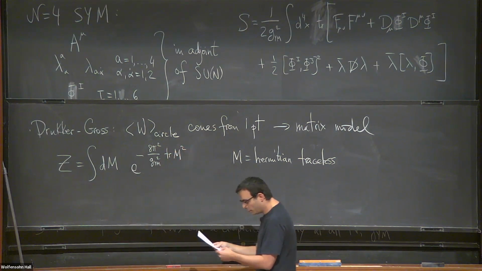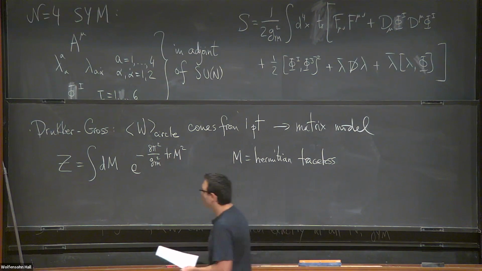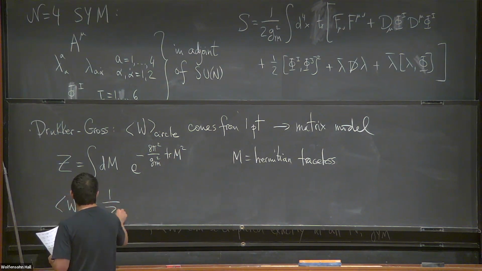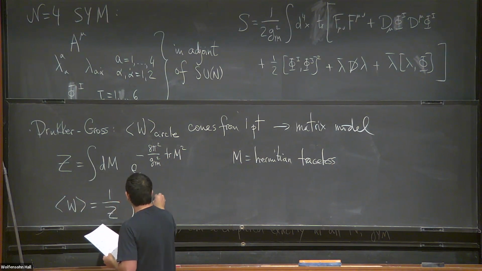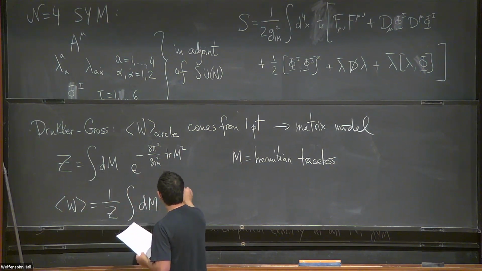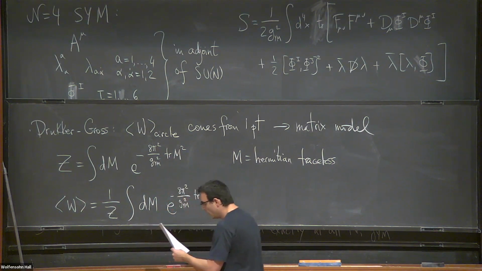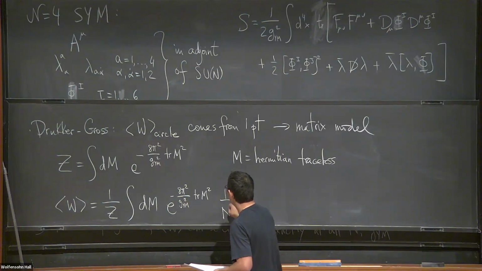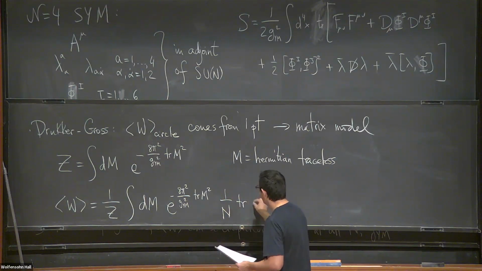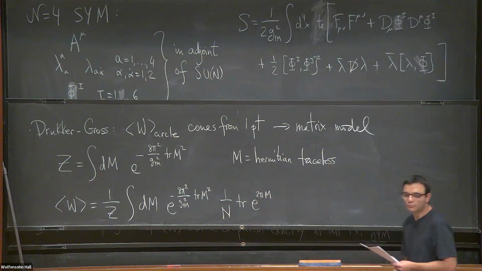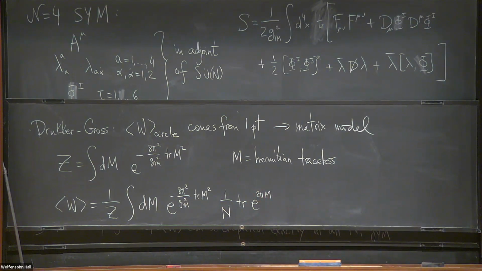That's the matrix model. And the Wilson loop expectation value is 1 over Z times the same integral, but with an extra insertion that corresponds to the Wilson loop. So it's 8 pi squared over g Yang-Mills squared, trace M squared in the exponent. And for the Wilson loop, we just have 1 over N times the trace of e to the 2 pi M. N is the rank of the matrix.